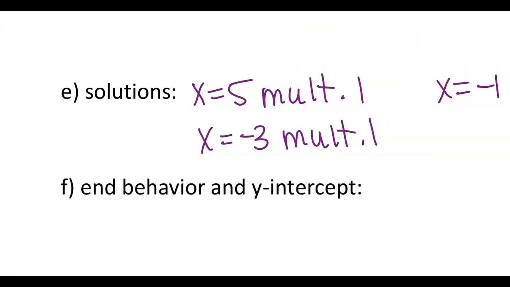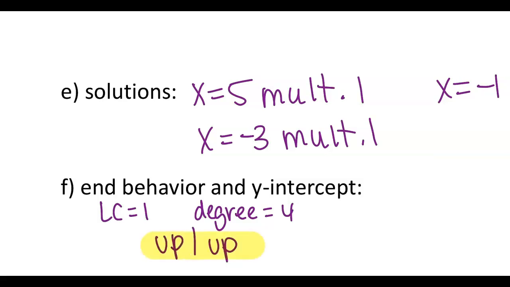For my end behavior, I have a leading coefficient that's positive 1 and a degree that is positive 4. Aaron, if I have a leading coefficient that's positive 1 and a degree that's 4, what's going to happen to the ends? You have a positive leading coefficient and an even degree. Both go up. Good job.